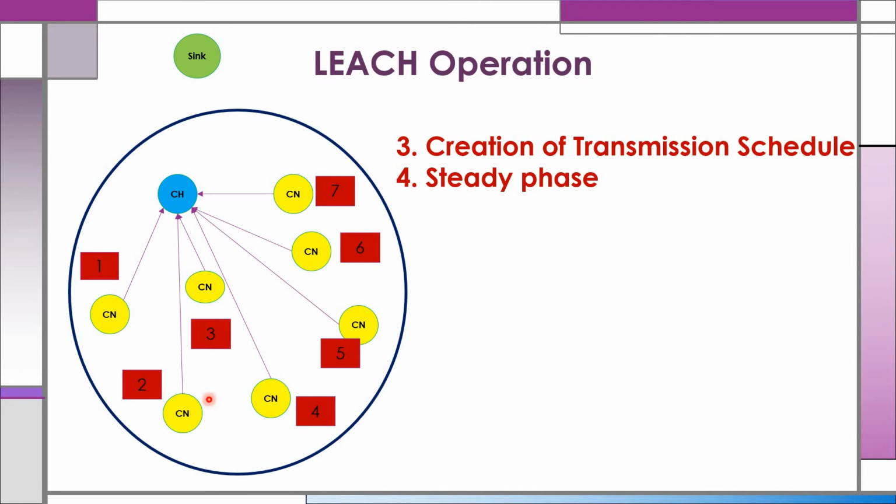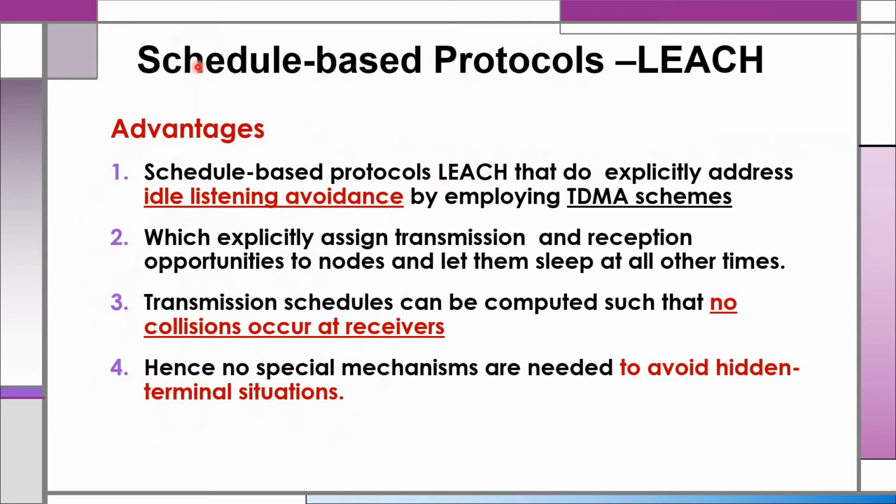Here we are using time division multiple access to transmit and receive information to the cluster head. The cluster head will collect, or aggregate, all the information and transmit it to the sink. So the entire information will be communicated to the sink node.